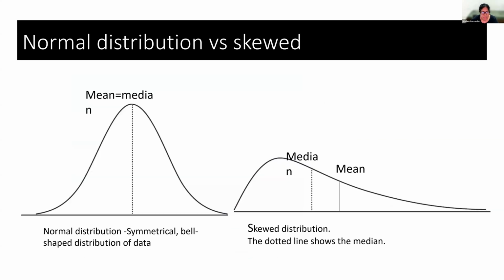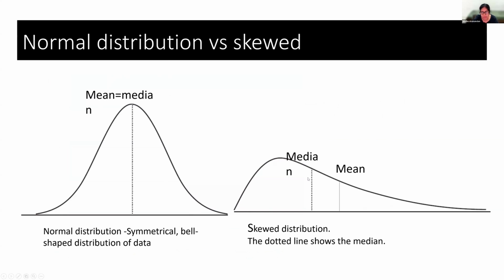So what is normal distribution? Normal distribution is a distribution where all the data points in a data set are symmetrically distributed around the mean, and the distribution takes the form of a bell-shaped curve. So here mean, median and mode are all the same.